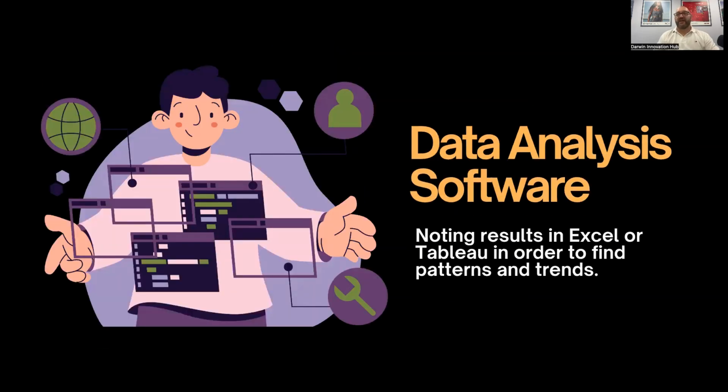Data analysis software like Excel. We think of Excel as a spreadsheet for calculating things, but it's actually really good for sorting data into different columns. Tableau and Microsoft Access, all these database softwares. FileMaker Pro is very good for this as well. It's good at drawing connections between different pieces of data.